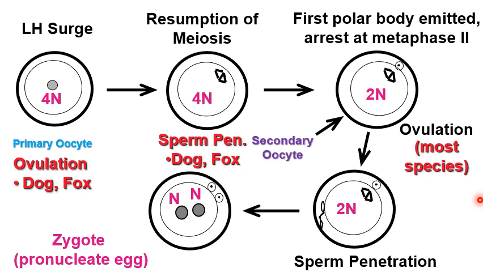So this is the reason why we have differences in the timing of insemination, because we have to wait some time for the primary oocyte to become a secondary oocyte. That is the reason why for dogs, for example, the insemination should be done after ovulation, while for most domestic animals, the insemination is done before ovulation.